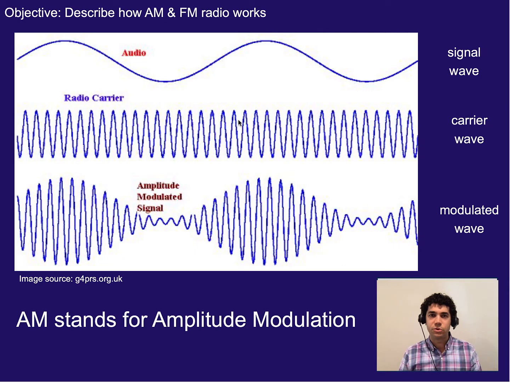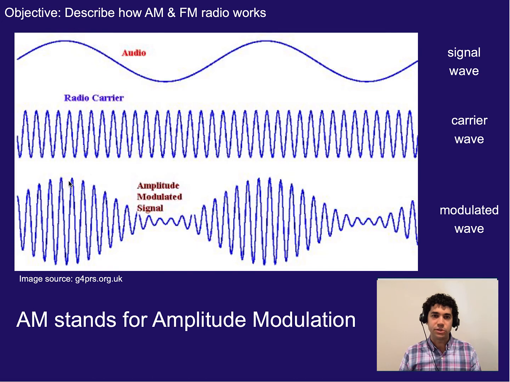So here, what's going on is we have our radio signal. So think of this as the radio station's tuning frequency, 94.9 or whatever it is. And our audio signal is being mapped onto it by changing that radio signal's amplitude. So it's the amplitude of this carrier wave that is being modified or changed or modulated in some way, shape, or form.